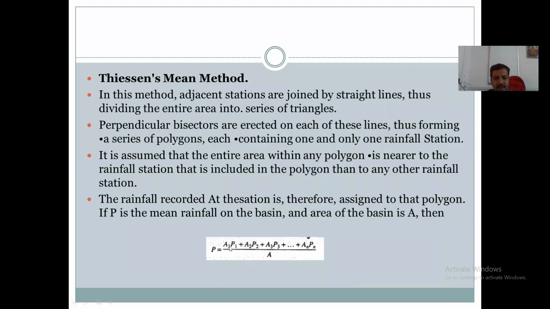It is kept in this formula: P is equal to A1 P1 plus A2 P2 plus A3 P3 up to An Pn divided by the total area of that basin. That gives the mean precipitation of that area.